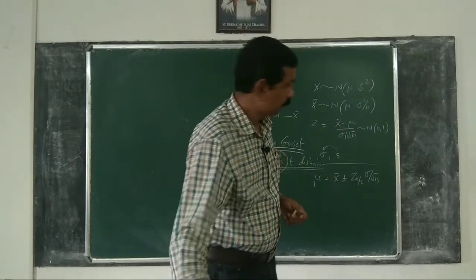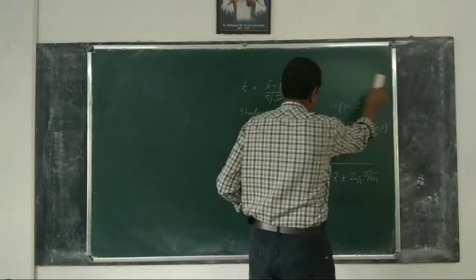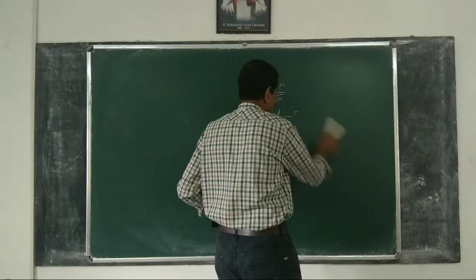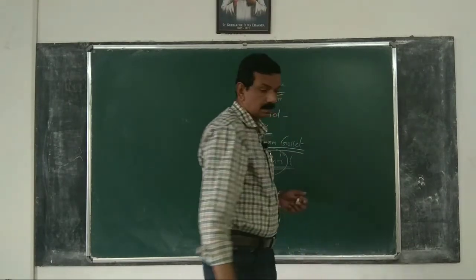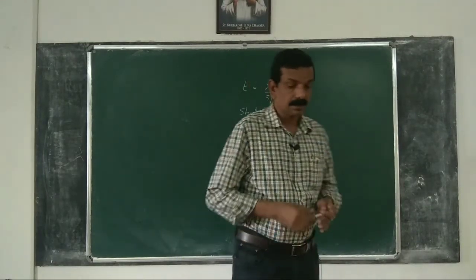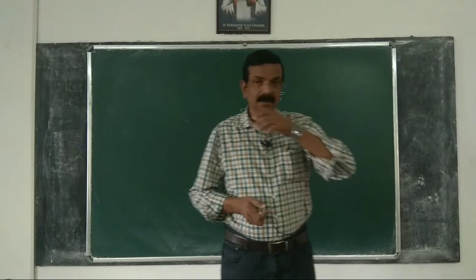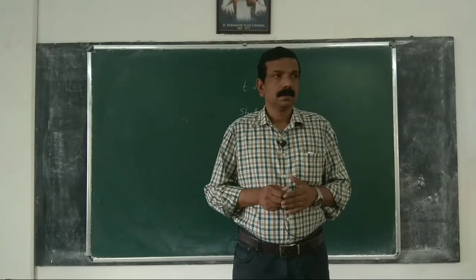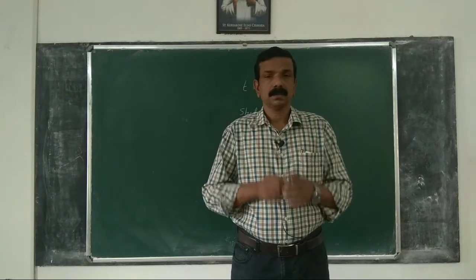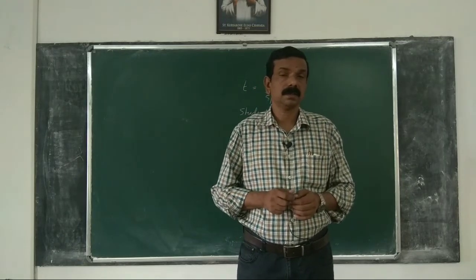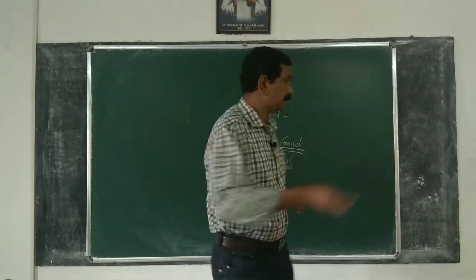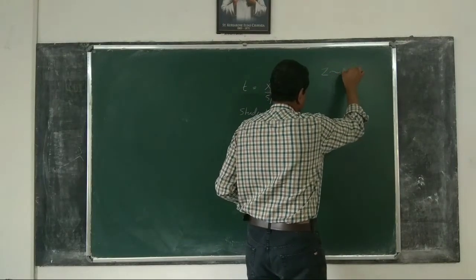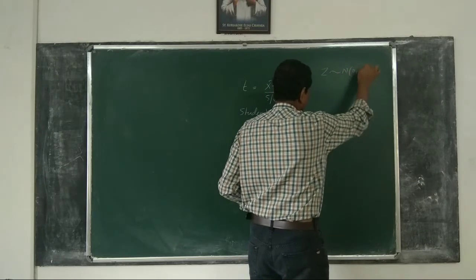Now we have to see the properties of the T distribution and the T curve. Remember this, there is only one standard normal distribution, that is Z, normal with 0, 1.